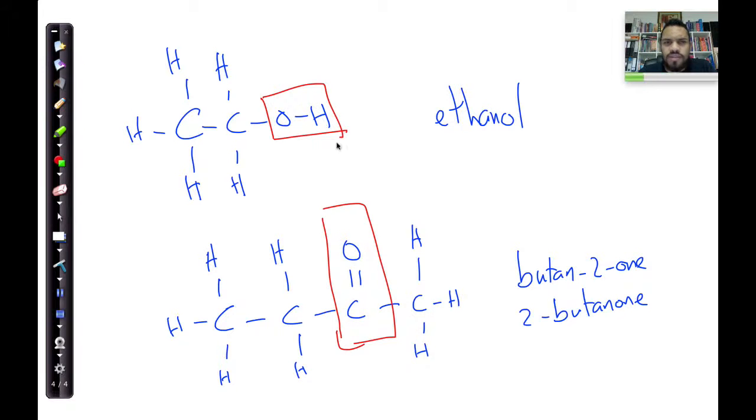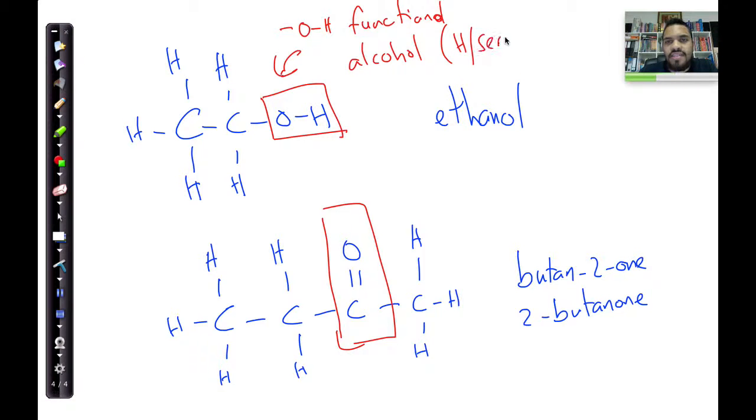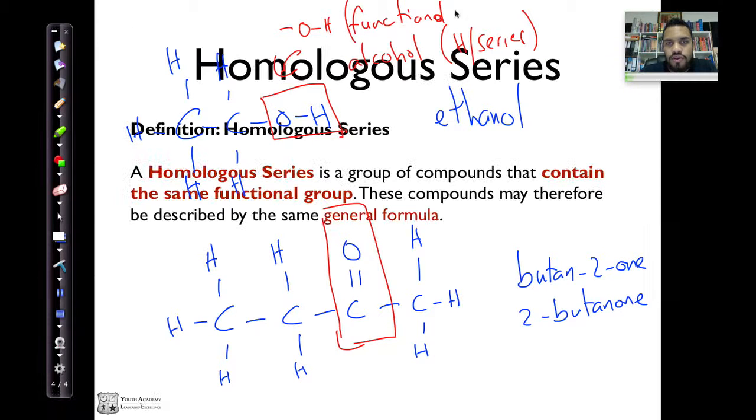What is special about them? If you look at these actual groups of atoms in the molecule, the O bonded to H is the functional group, and any molecule with this functional group would be called an alcohol. So the alcohol is the homologous series, while the O bonded to H is the actual functional group.